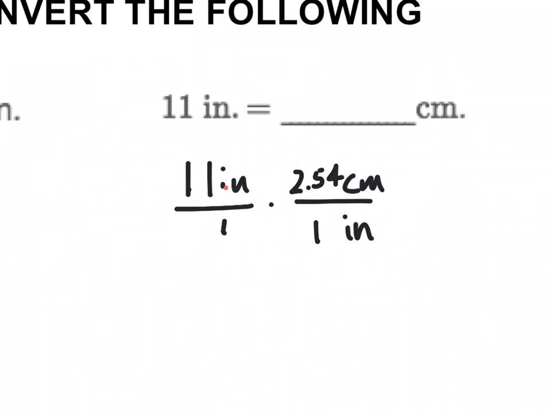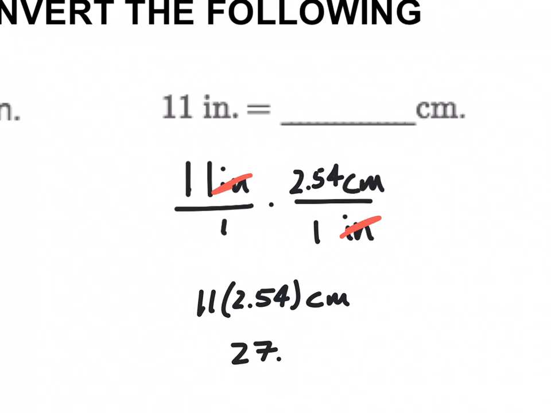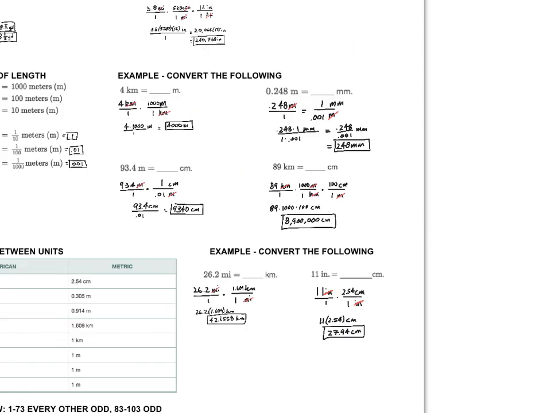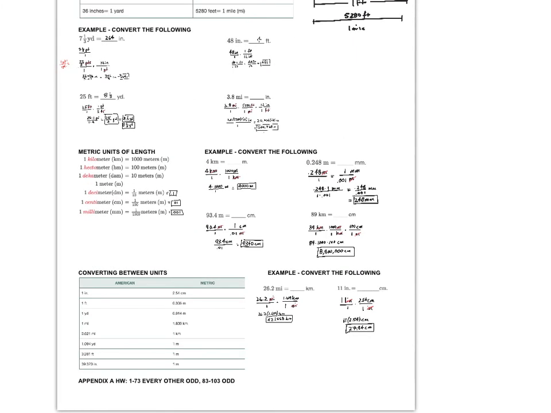So my inches divide out, and we're left with 11 times 2.54 centimeters. 11 times 2.54 gives us 27.94 centimeters.